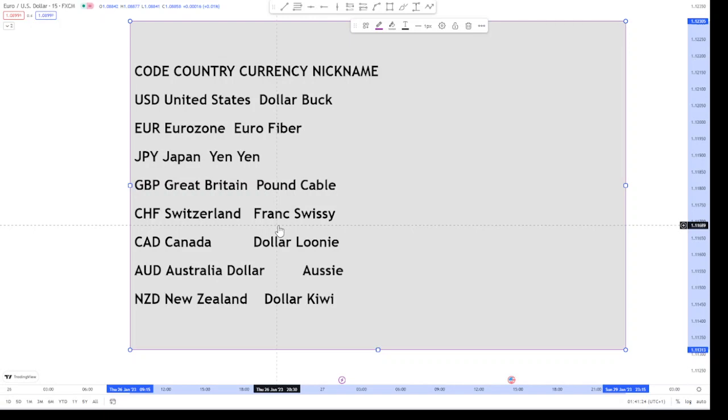Now, currencies, symbols. All these codes, country, currency, nickname, of course, we can't just write all these things down because we are trying to talk about the United States dollar. So there is a way we present each currency. There is a code that each currency is presented in that helps us to easily identify this currency. And this code is known as the ISO 4217 currency code.